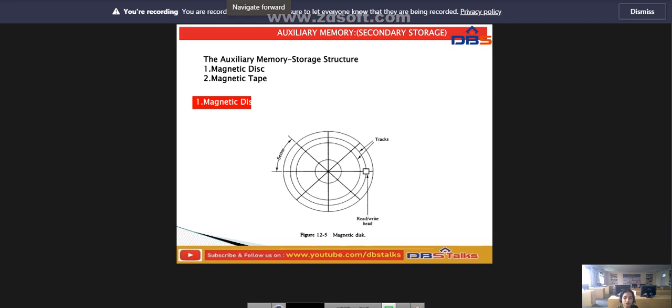The average time required to reach a storage location in memory and obtain its content is called the access time. So what is meant by access time? The access time is nothing but the average time required to reach a storage location.